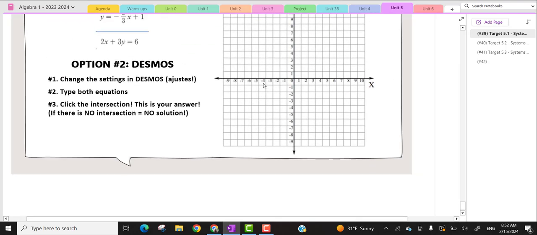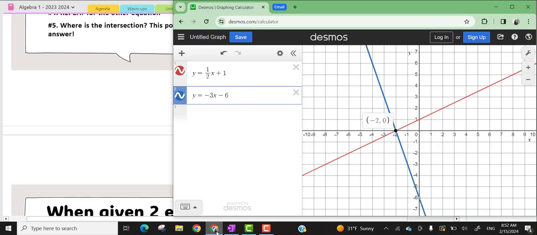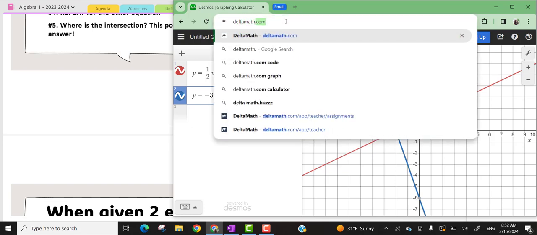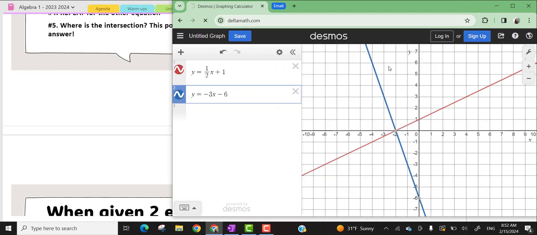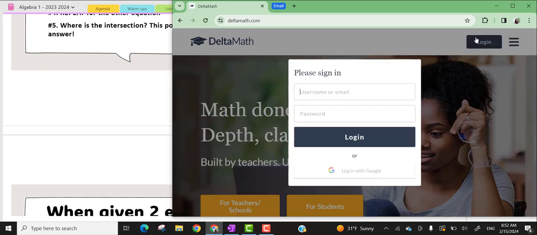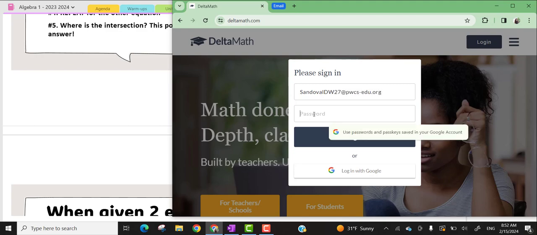Okay, after you finish those two things, you need to go to Delta Math, right? So después este paquete, necesitas ir a deltamath.com. Go to log in. Type your email here, escribe tu correo de la escuela aquí. So, por ejemplo, ese es un ejemplo para Dewey Sandoval. And then your password is mathisfun123.